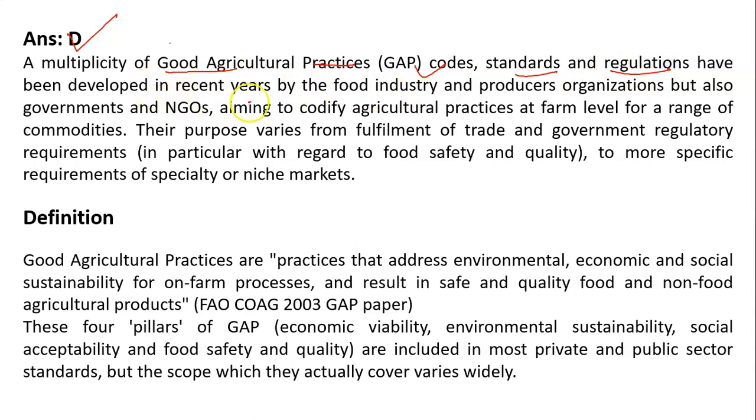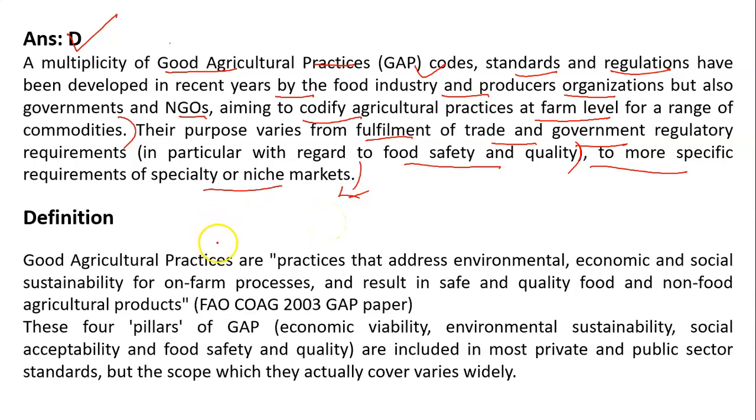It has been developed in recent years by the food industry, producer organizations, but also governments and NGOs, aiming to codify agricultural practices at farm level for a range of commodities. Its purpose varies from fulfillment of trade and government regulatory requirements, in particular with regard to food safety and quality, to more specific requirements of specialty niche markets.